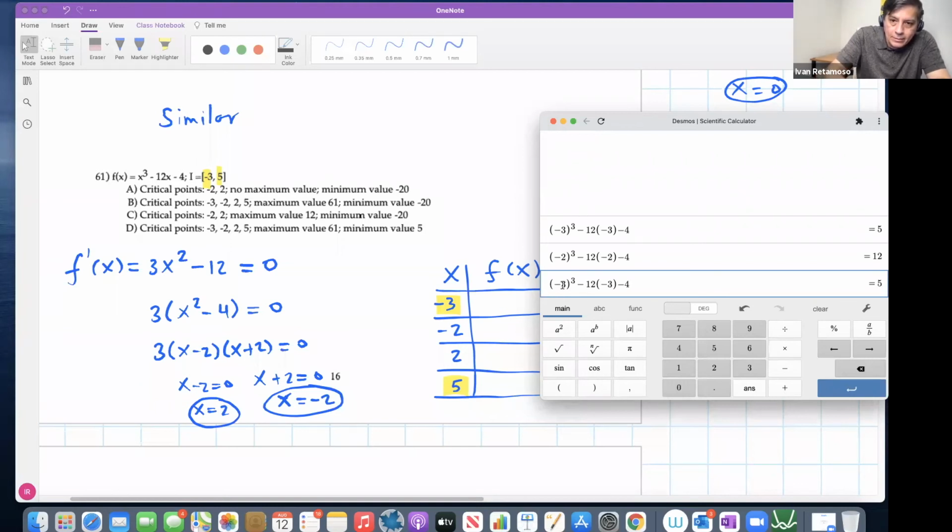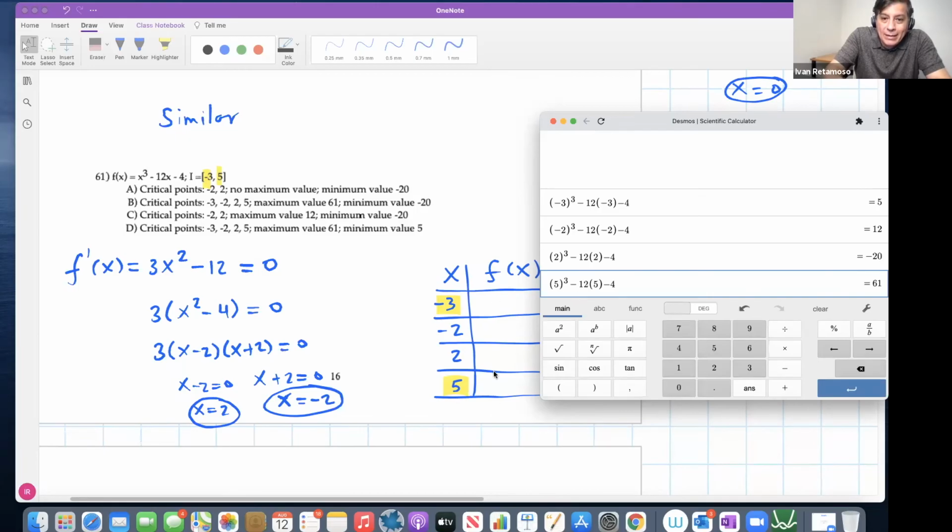And now evaluation at 2. -20. Continue one more time. Evaluation now at 5. The last endpoint, right? 5 here. 61. Now the idea is to look at the overall of this, right?